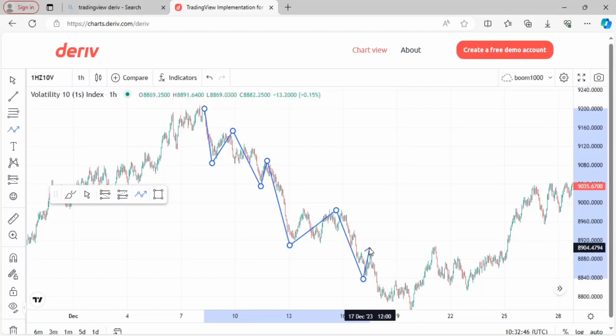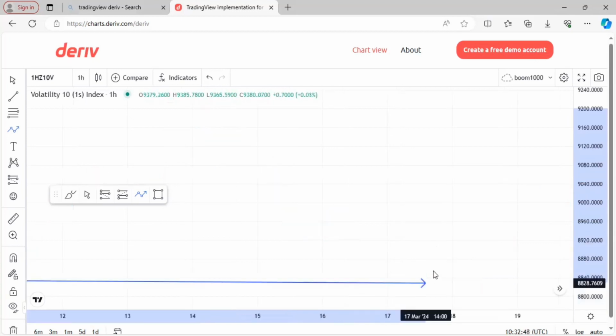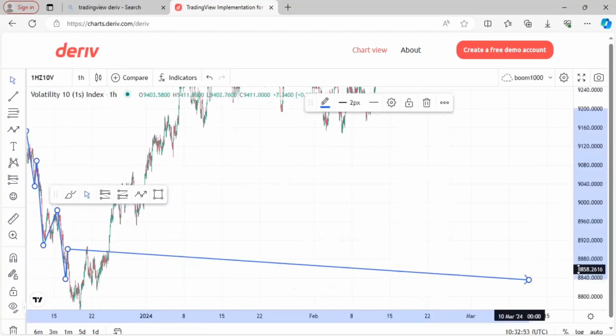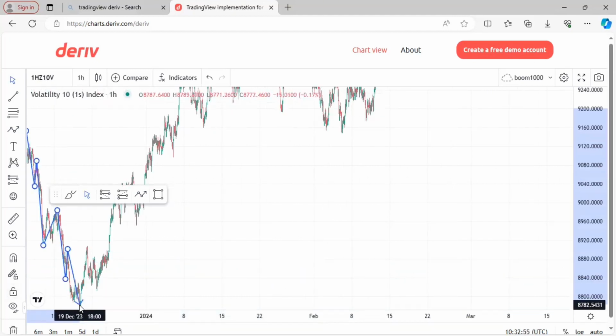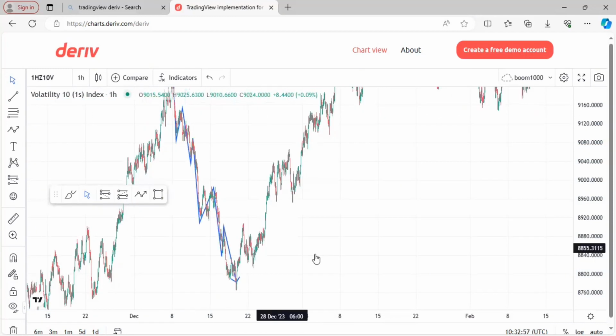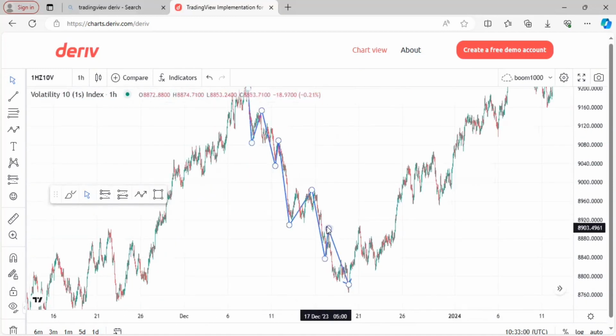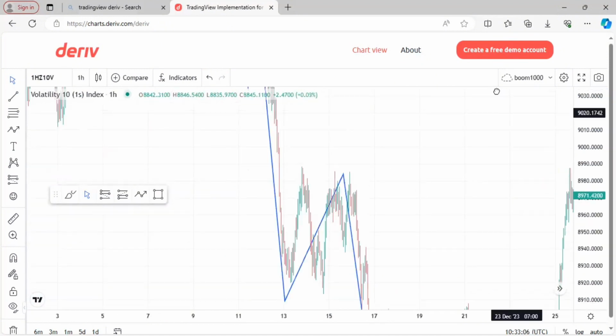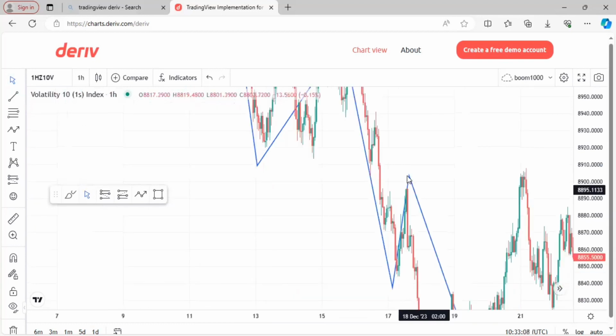We can make this a lower low, lower high, and lower low, and a lower low over there, and a lower low here. There it is, a lower high and a lower low over here. So all that we are waiting for is for market to break this.